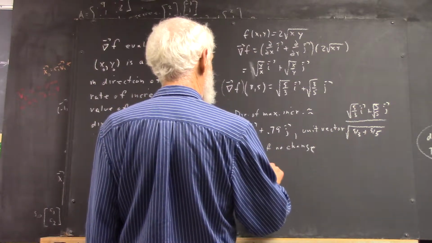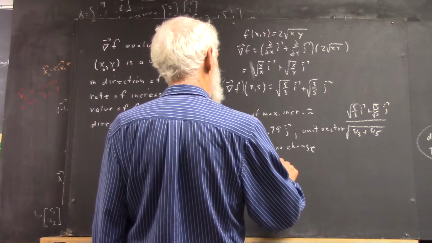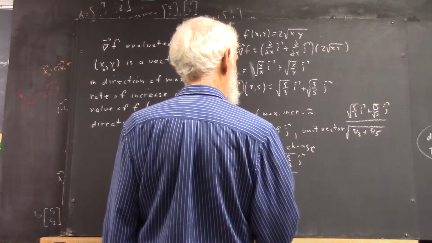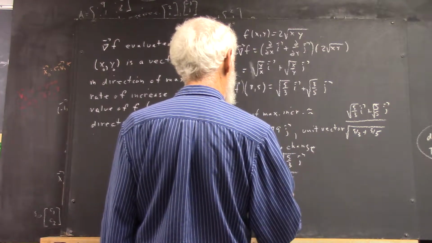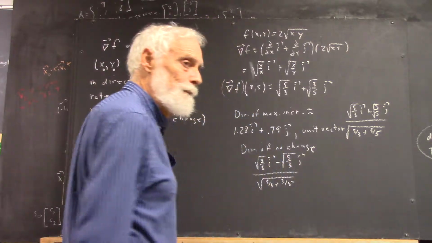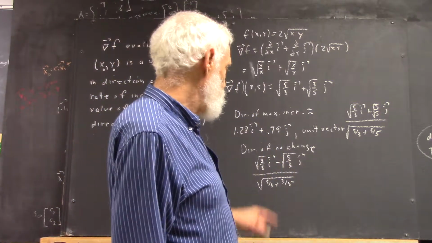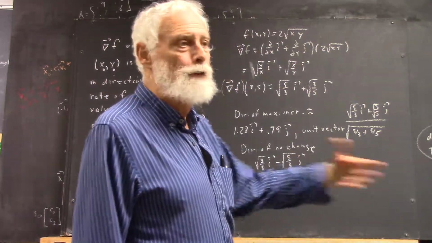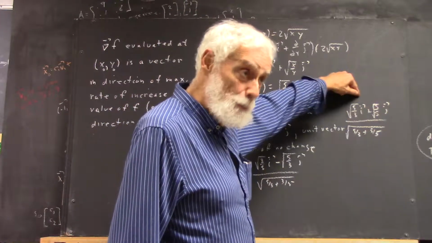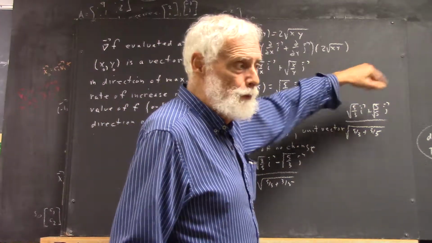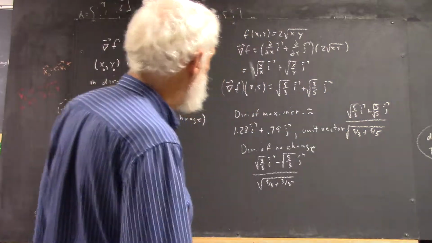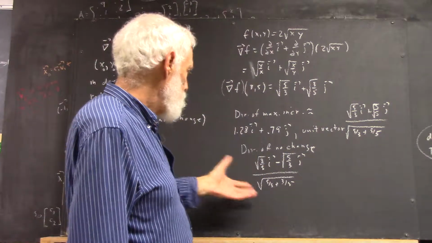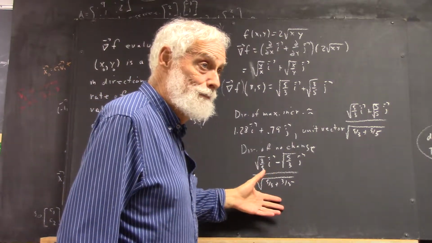It's square root of 3/5 I minus the square root of 5/3 j over the square root of 5/3 plus 3/5. And you can also, just by inspection, see that if I do the dot product of this with this, I'm going to get 0. So you don't even have to think negative reciprocal slope. Just find a vector whose dot product with this one is 0. Now when you get into higher dimensions, you use some other techniques, okay? But in 2 dimensions, that's easy.